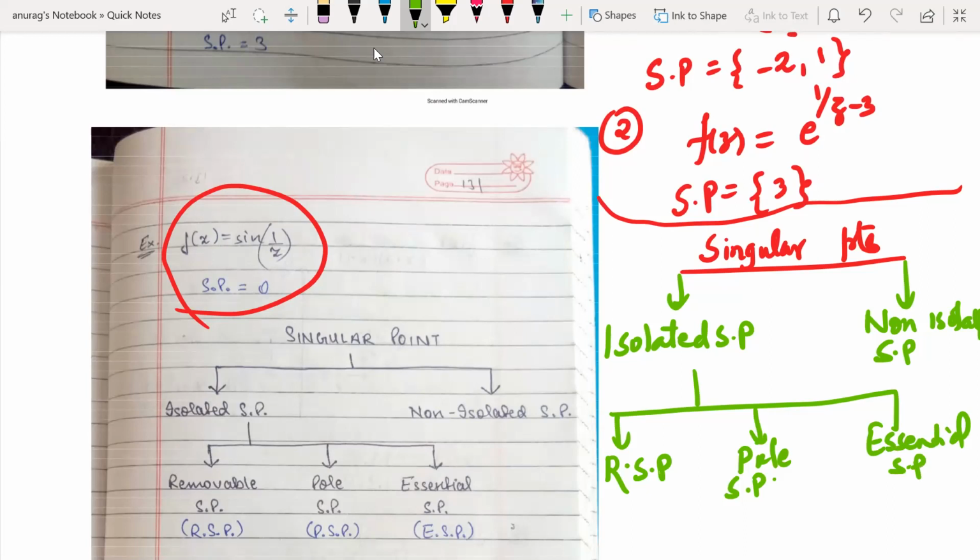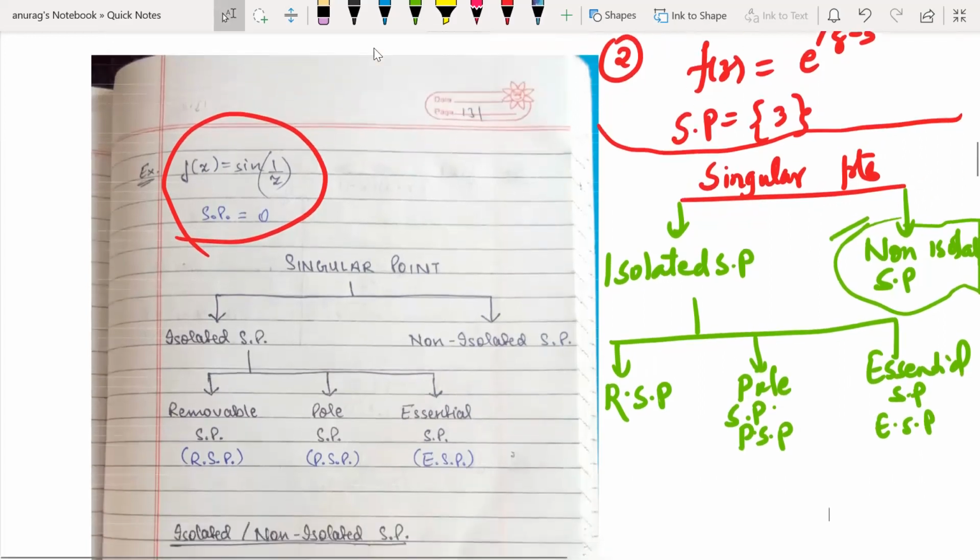So I call them RSP, PSP, ESP. This singular point is not in our syllabus, but I will see the definition obviously. Let's check one by one.